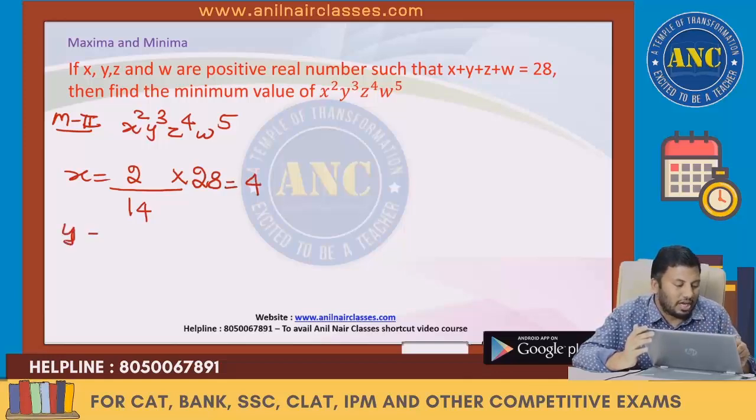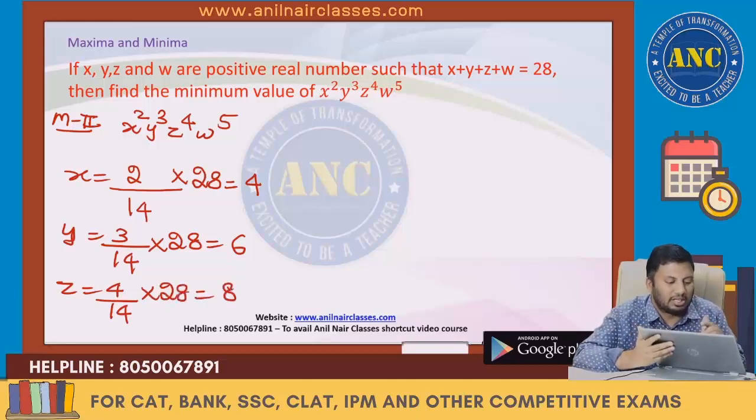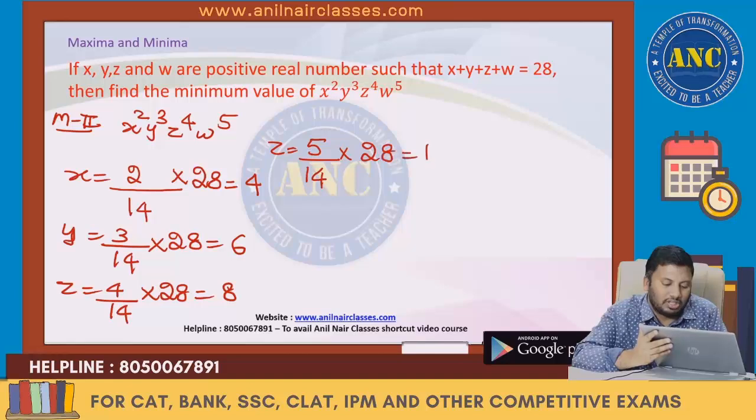For y, I have to give actually 3 chocolates out of 14 chocolates into 28, which is 6. For z, I have to give 4 chocolates out of 14 into 28, which is nothing but 8. For w, I have to give 5 chocolates out of 14, but according to the question it is 28. So answer is 4 square into 6 cube into 8 power 4 into 10 power 5.